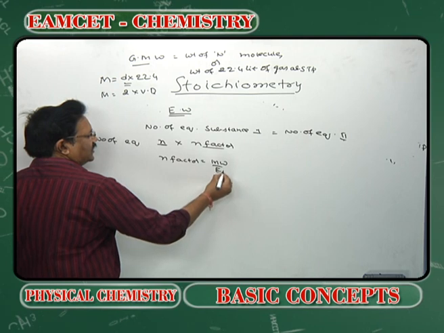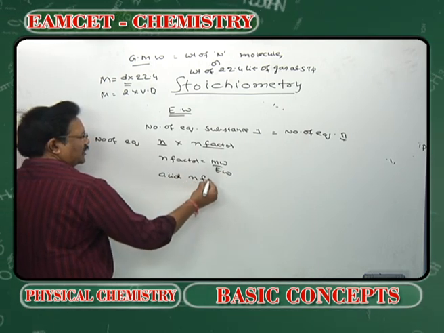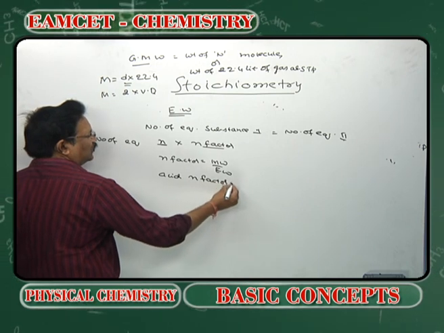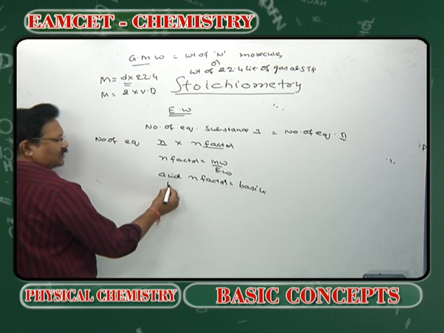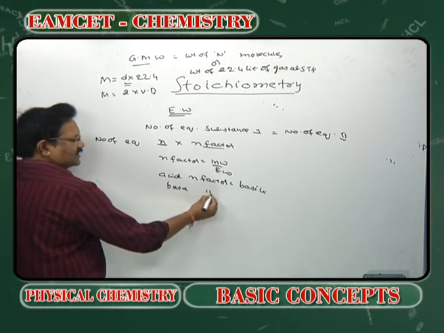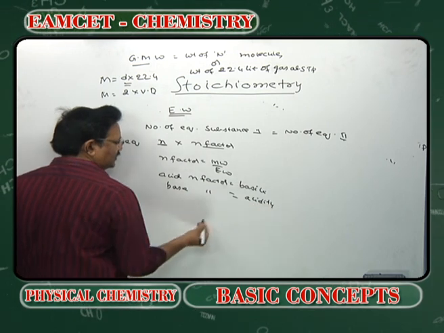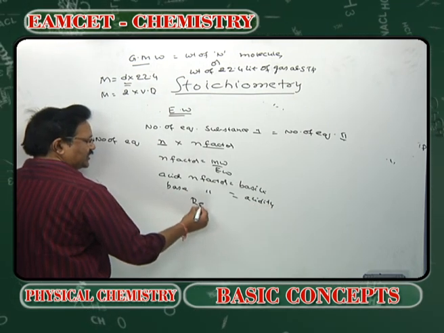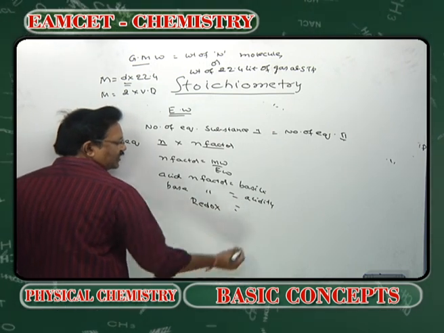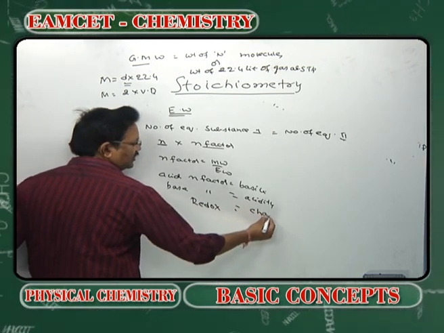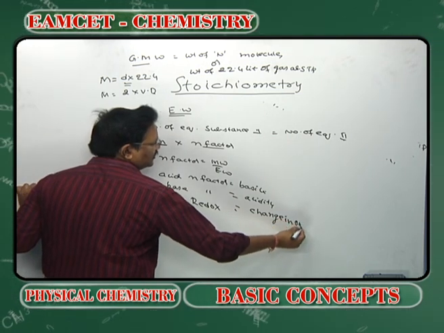For an acid, n factor is equal to basicity, and for a base, n factor is acidity. For a redox reagent, in redox reactions, the n factor is nothing but the change in the oxidation number.